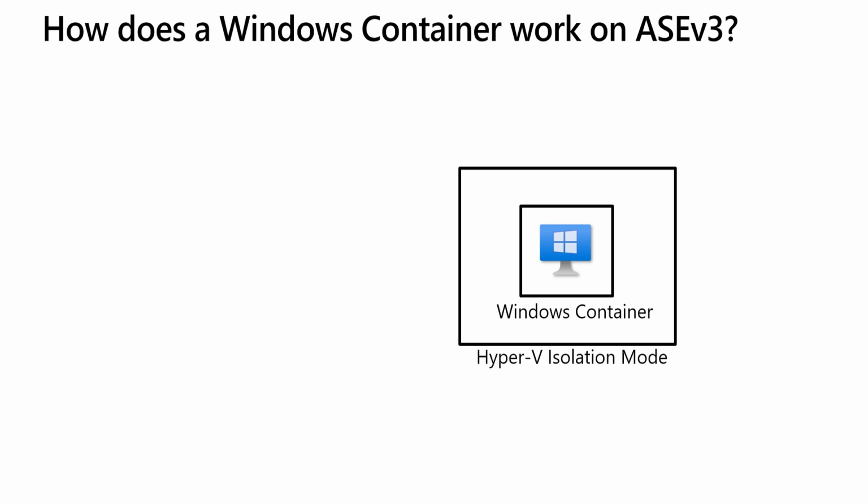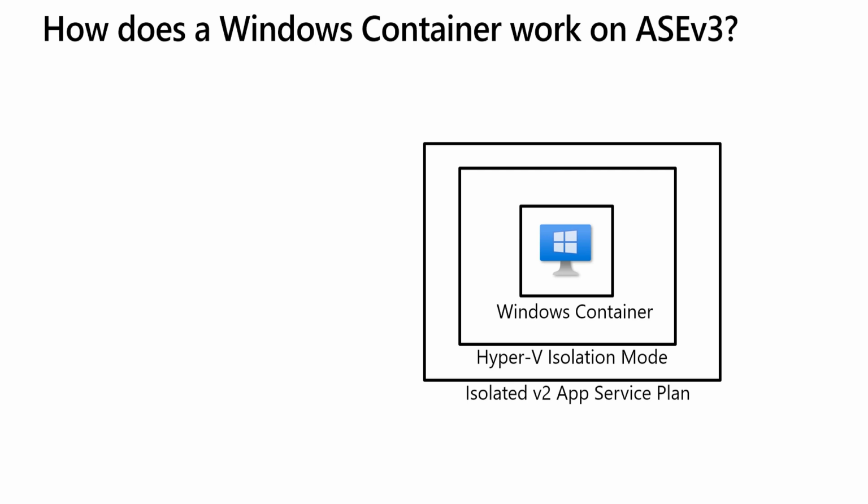And that's great because it means that the platform doesn't have to worry about whatever code is running inside of the container, because it's fully isolated off behind that Hyper-V security boundary, and that's why we allow arbitrary code to run inside of the container, and you can go out and customize the dependencies in the container to your heart's content.